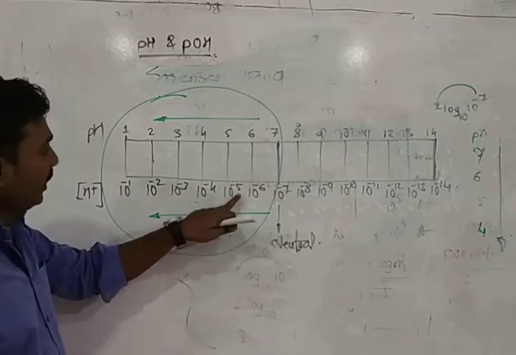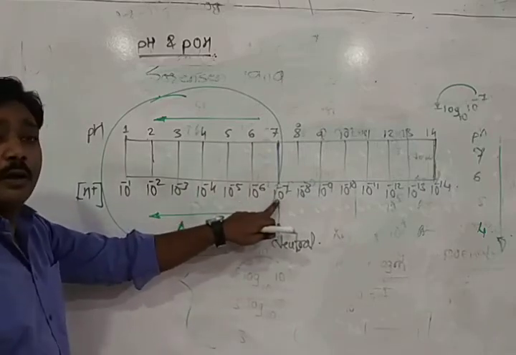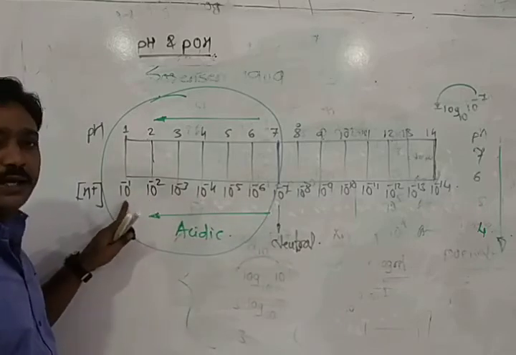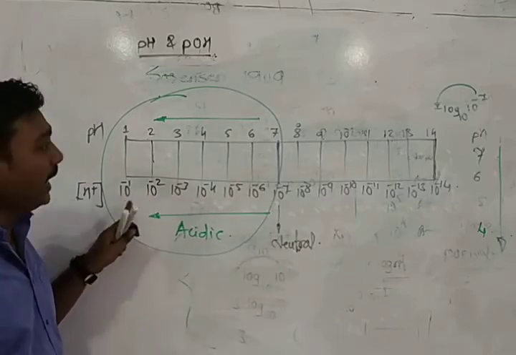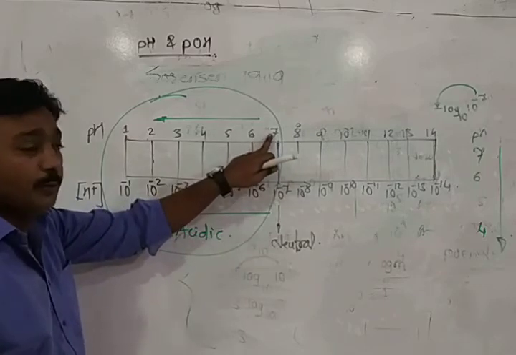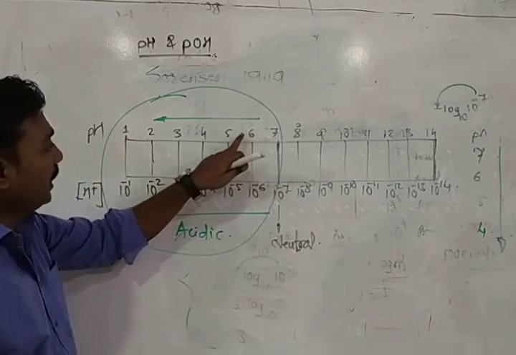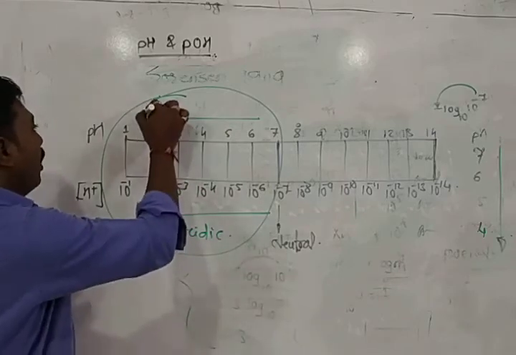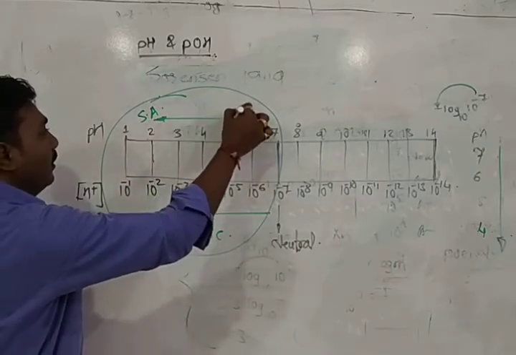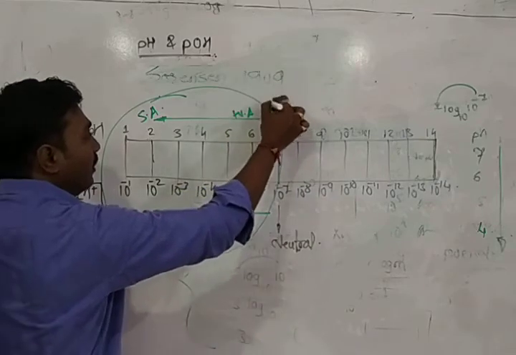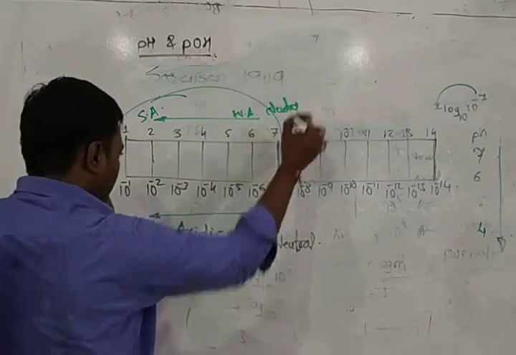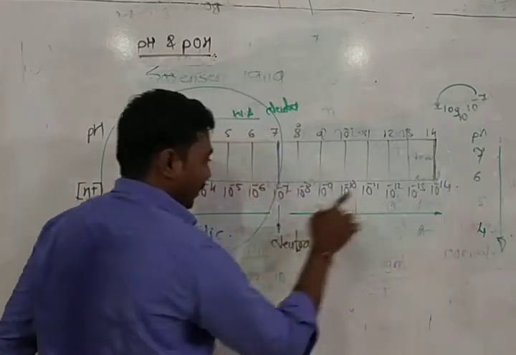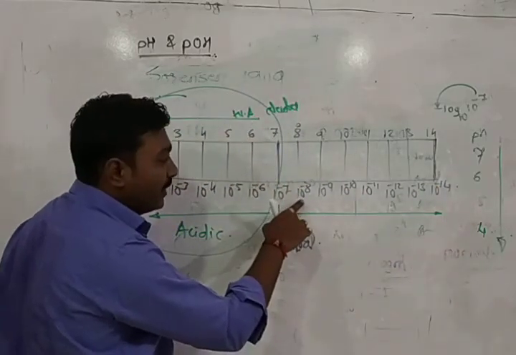The concentration of H plus must be greater than 10 to the power minus 7, that is minus 6, minus 5, minus 4, minus 3, minus 2, minus 1, and the pH values must be less than 7, that are 6, 5, 4, 3, 2, 1. Here it is strongly acidic. Here it is weakly acidic. Here it is neutral.